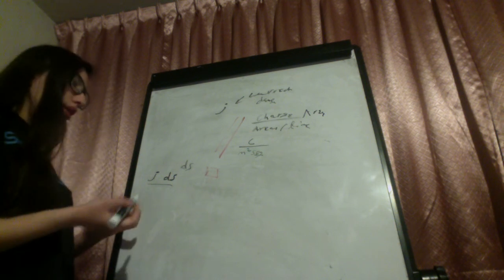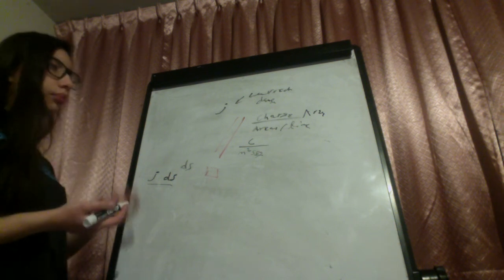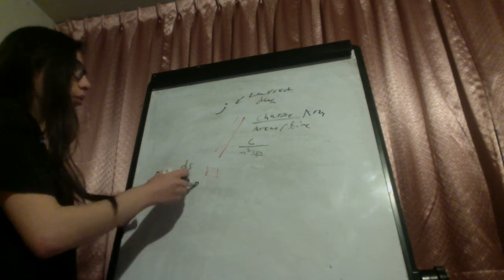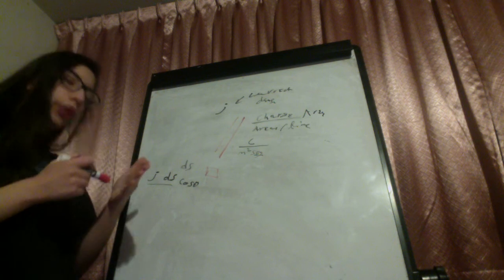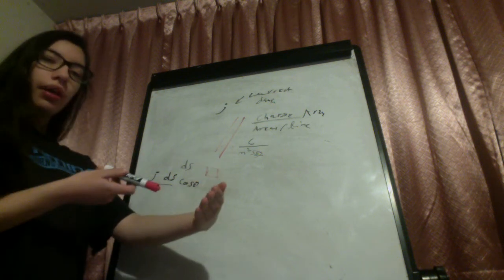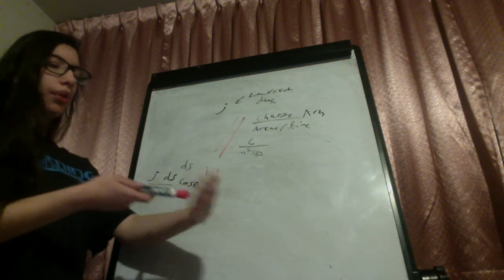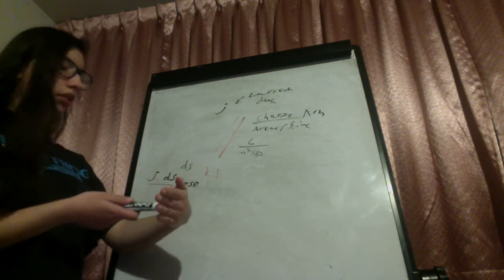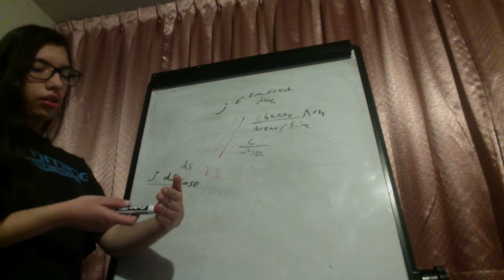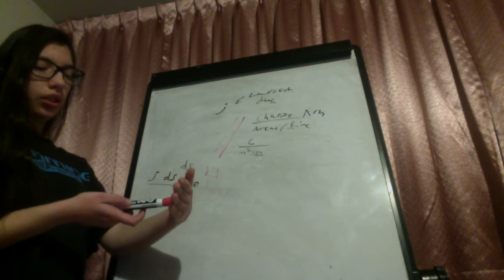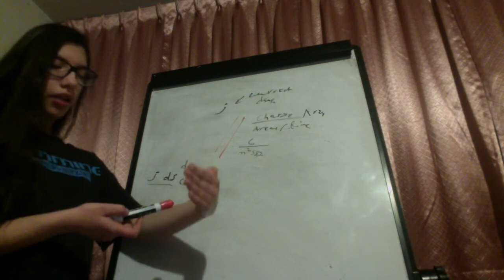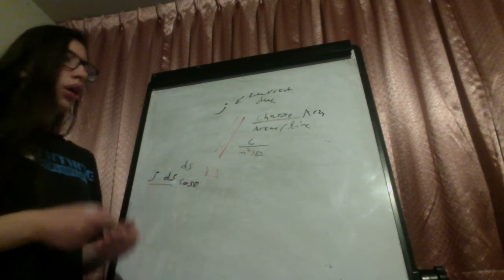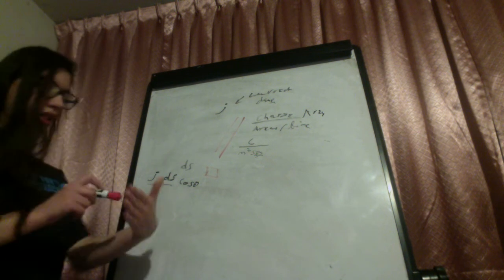I would need to take the cosine of the angle between the J vector and the normal vector to the cross-sectional area, or you can think of it as taking the sine of the angle between the cross-sectional area and the J vector, but we usually think of it with the normal vector.